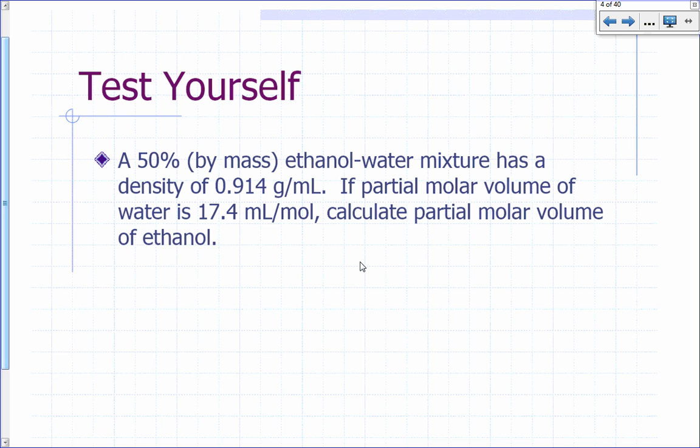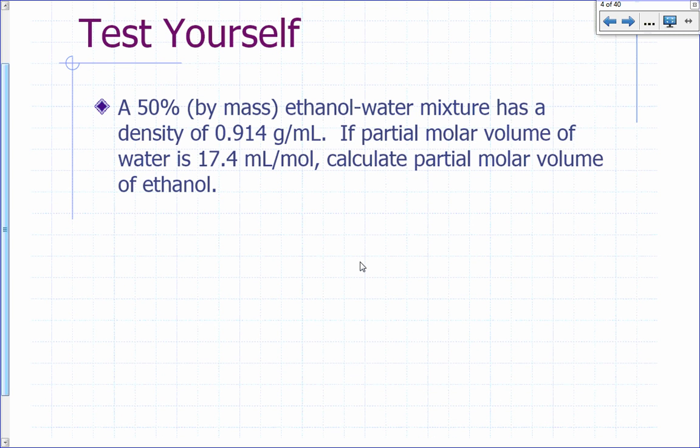Alright, so let's check if we understood the concept. Let's say you have a 50% by mass mixture of ethanol and water. And that mixture happens to have a density of 0.914 grams per mil. If the partial molar volume of water is 17.4 mils per mole, what's the partial molar volume of ethanol?